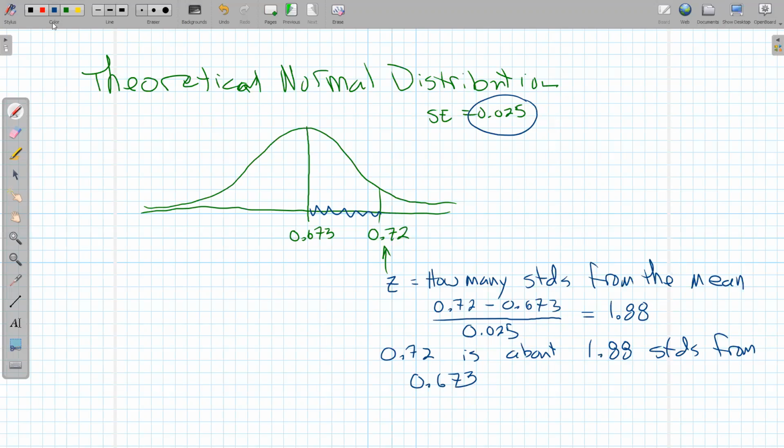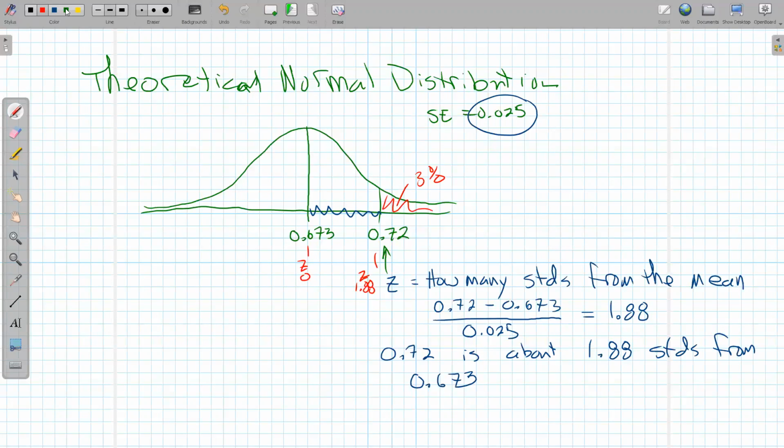And when I look at, instead of the actual data values, instead I put z equals 0 in the middle, this over here would be z equals 1.88. I'm going to get the same kind of tail probabilities. So Stacky earlier was saying that was about 3%.